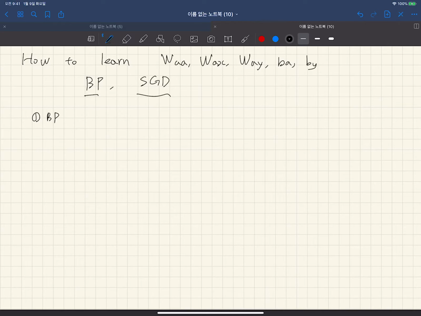So basically we have parameters WAY and BY for generating the Y hat value.